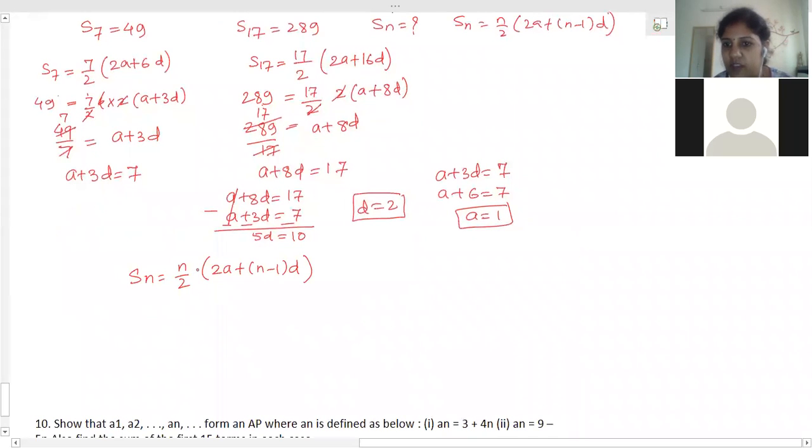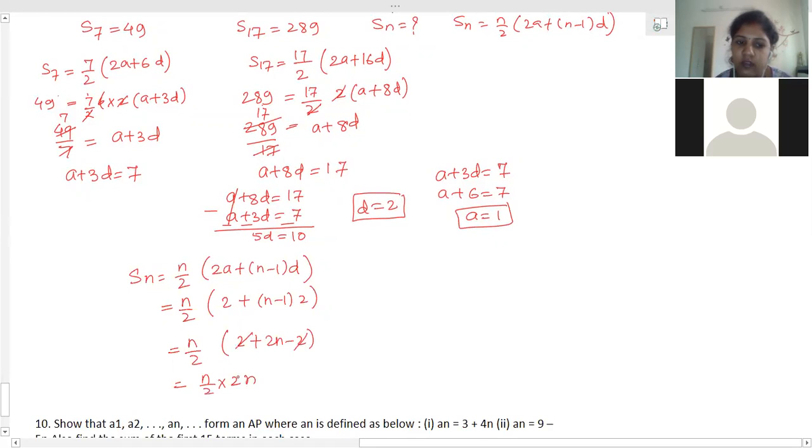Sn they have asked, that means in terms of n only you have to substitute and calculate the value. n by 2 into 2 into 1 is 2 plus n minus 1 into 2. n by 2 into 2 plus 2n minus 2. So this 2 gets cancelled. n by 2 into 2n, 2 and 2 get cancelled. Answer is n square. So Sn is equal to n square.